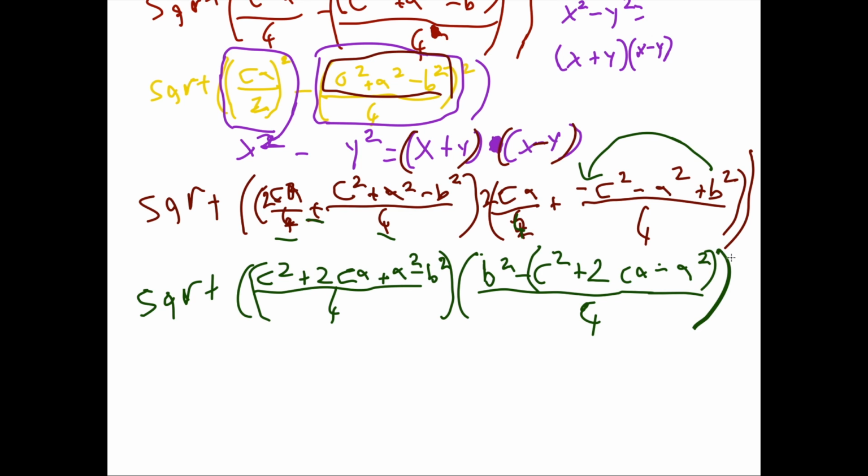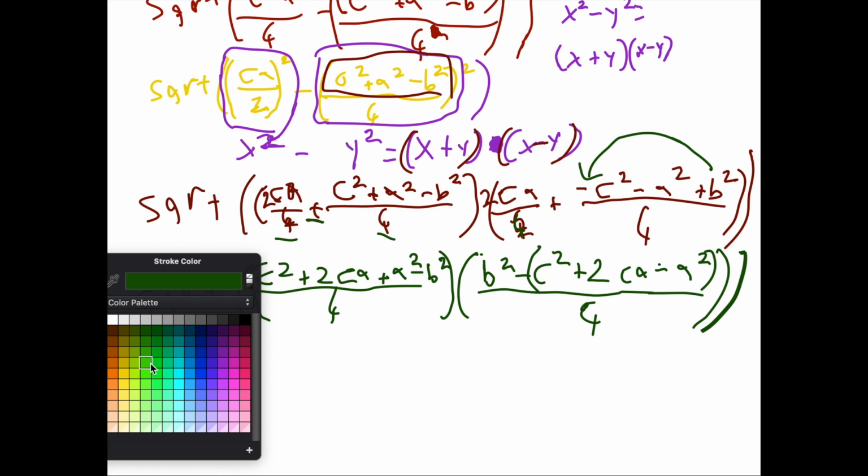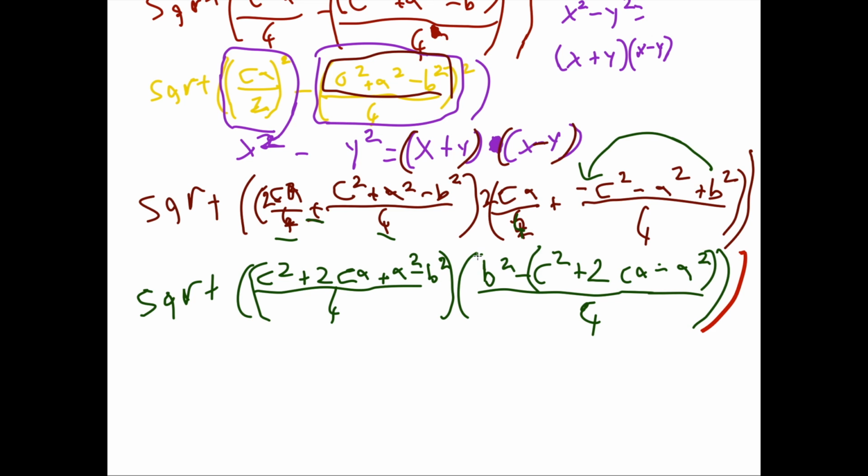And, okay, so, now what we can do is, well, take a look at this. Take a look at this section here. Does it remind you of anything? And then take a look at this section here. Does that remind you of anything? Well, I can see a pretty nice pattern here.